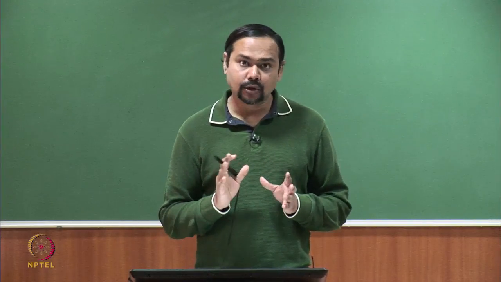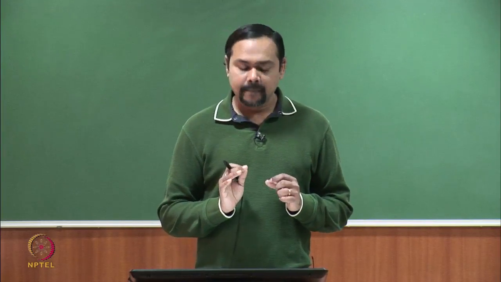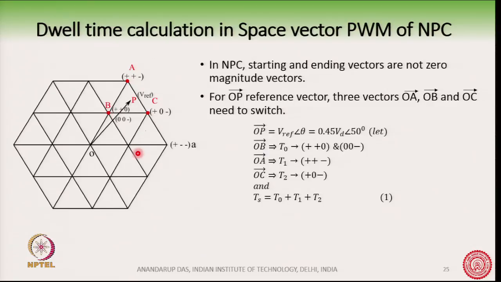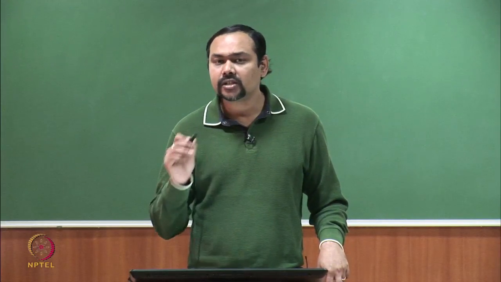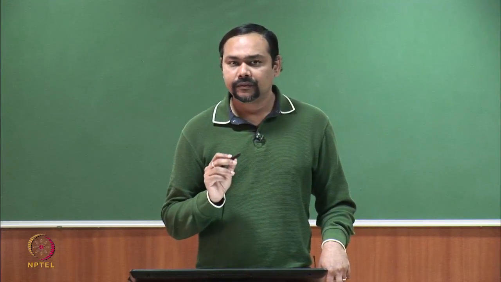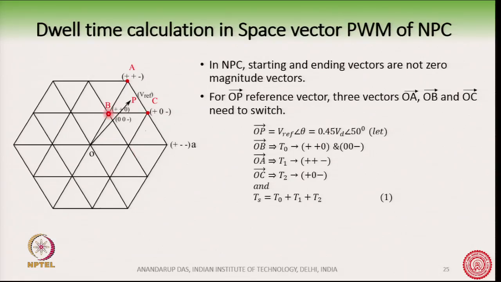It is also possible. However, if we choose the OB vector as the starting and ending vector, then it will give us minimum switching. The switching transitions will be minimum. For that reason, we always choose OB.